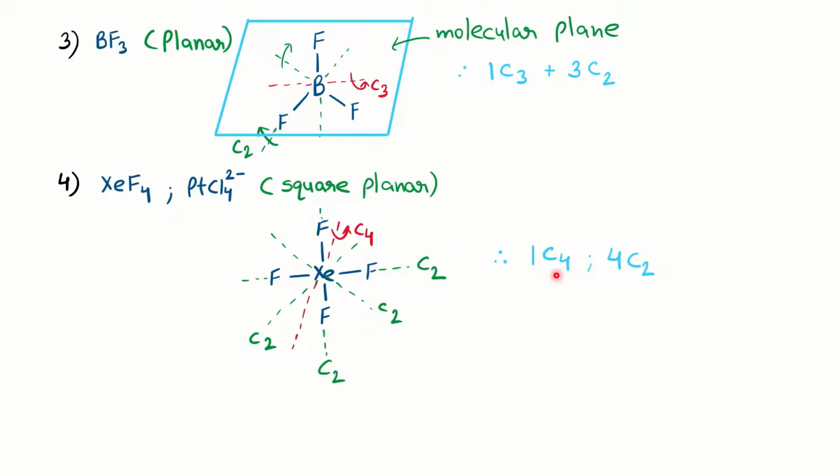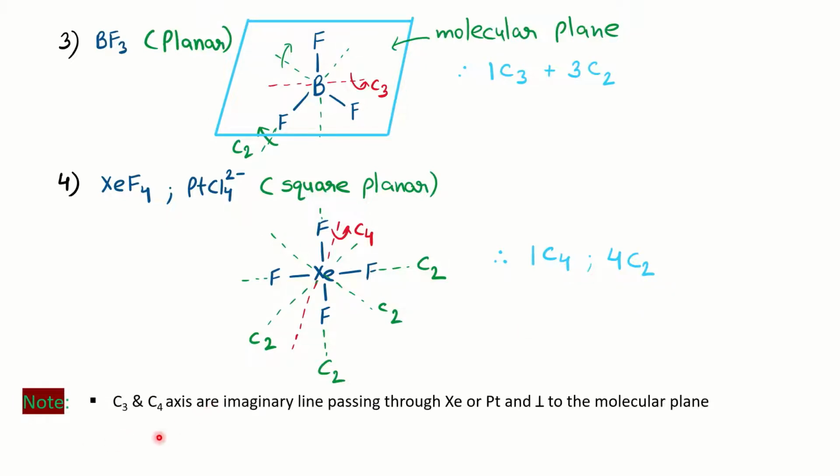So we have one C4 axis and 4 C2 axes present here. We can make a note that the C3 and C4 axes are imaginary lines which pass through xenon or platinum, perpendicular to the molecular plane. So you can see here the molecular plane, and the axis of rotation is perpendicular to it.